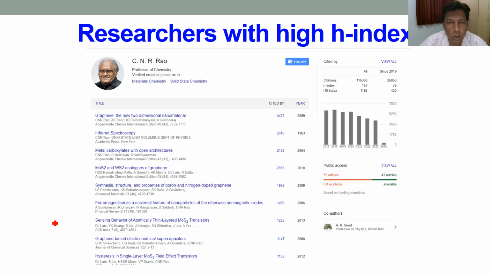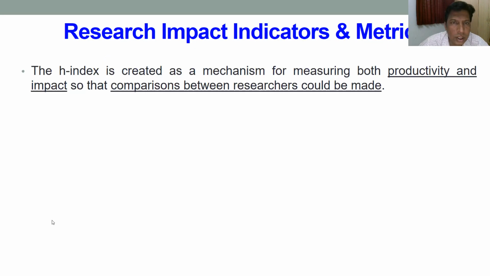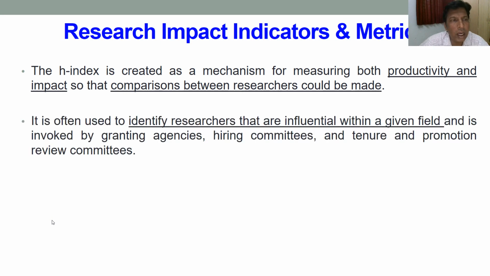So if you want to compare any researchers or academicians, the best way to compare them is their H index. If H index is high, it means the influence of that researcher's work on society is very high. Right?